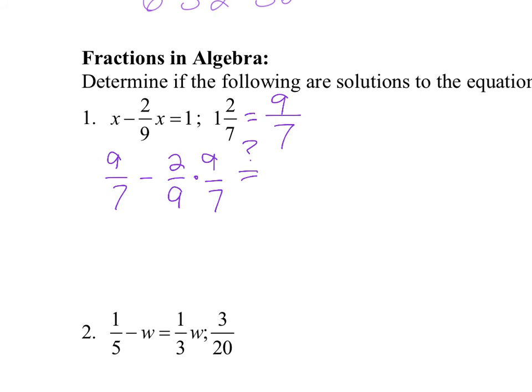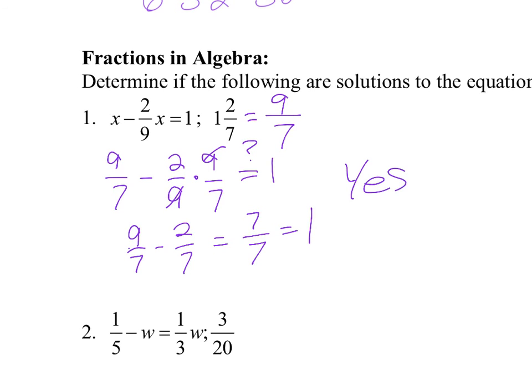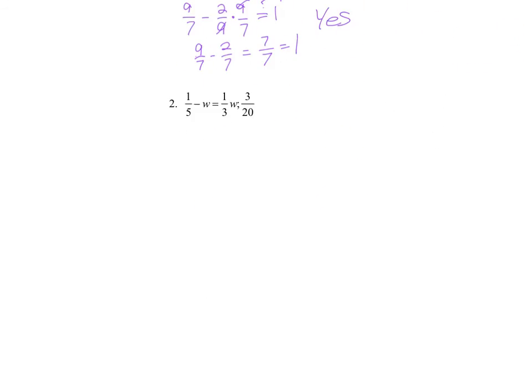The question is, does that equal 1? Well, in this multiplication, I now have 9 over 7 minus 2 over 7. That I can do. 9 minus 2 is 7. Sure enough, 7 over 7 is 1, so the answer would be yes.